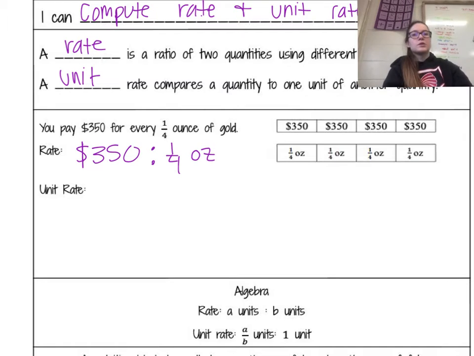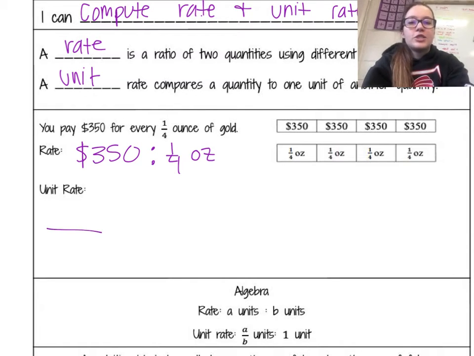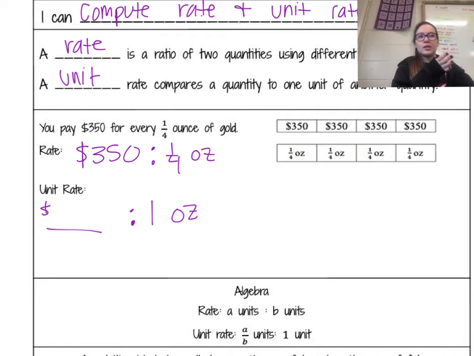To find the unit rate, I want to keep my ratio the same, but I want to know how much it is for 1 ounce. So our unit rate needs to always have a 1 as one of the numbers in the ratio, okay?